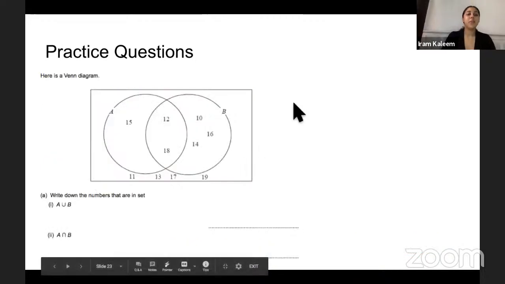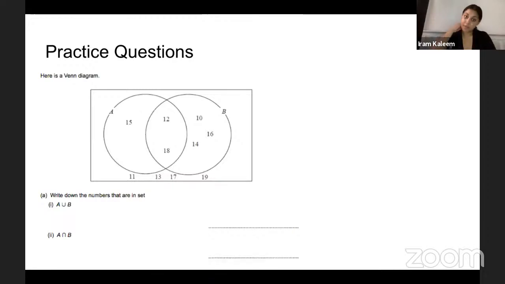Okay, so we've got a Venn diagram here, and it's got a couple of numbers that have been put into it.